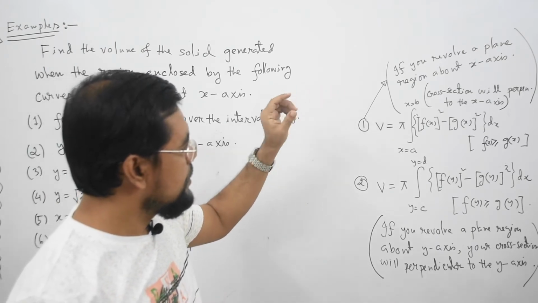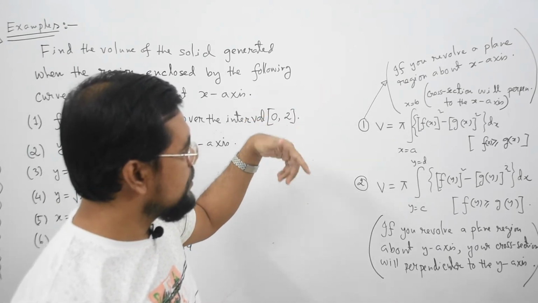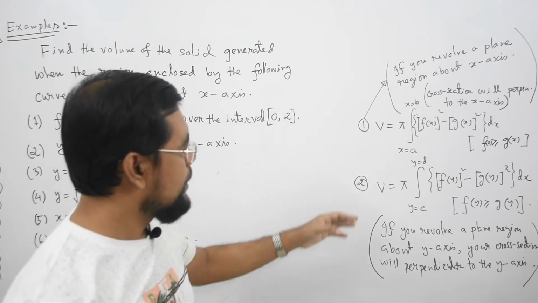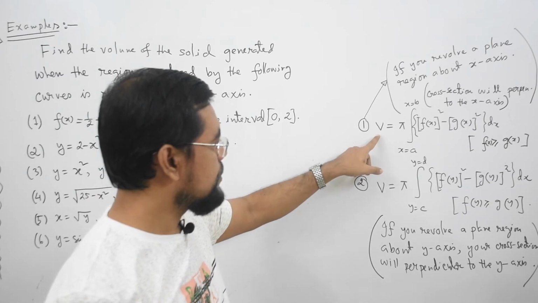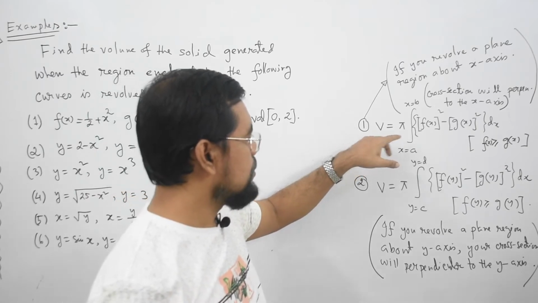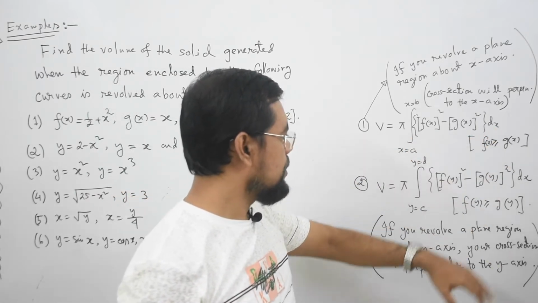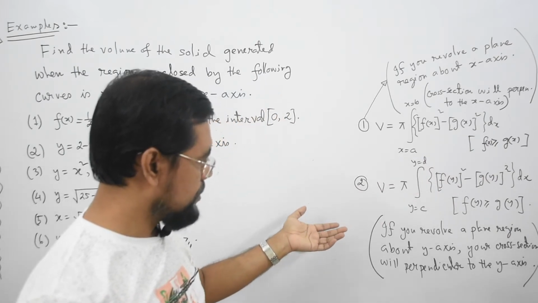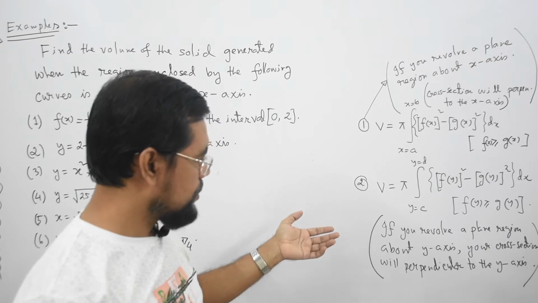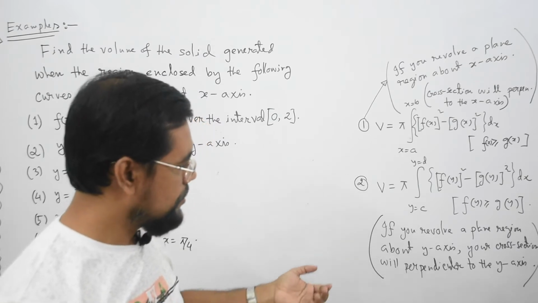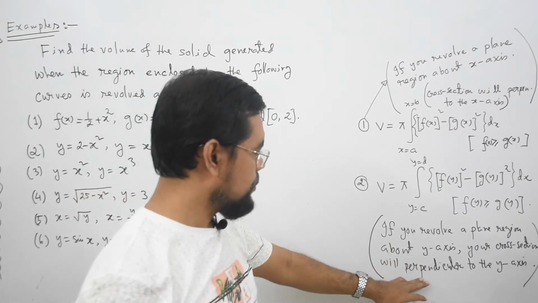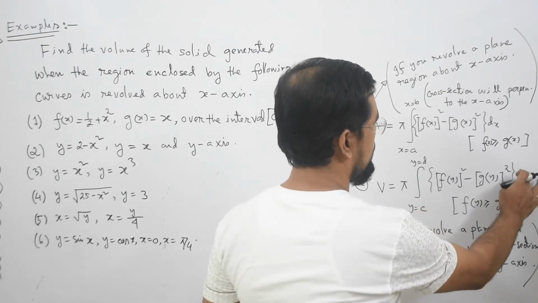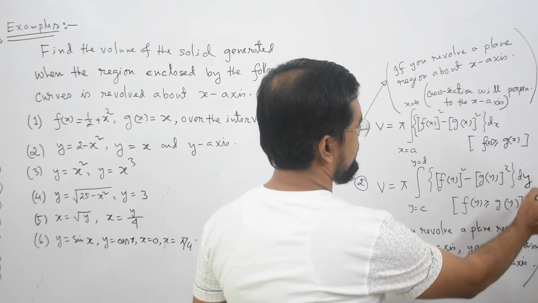If you revolve a plane region about the x-axis, your formula will be the first one, integrating with respect to x. And if you revolve your plane region about the y-axis, your formula will be the second one, integrating with respect to y.